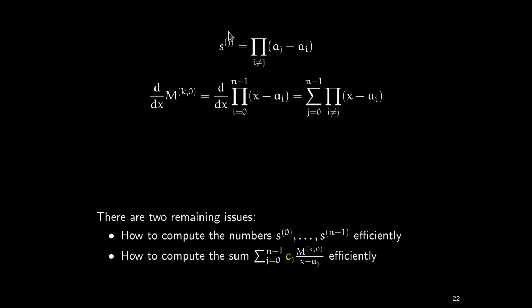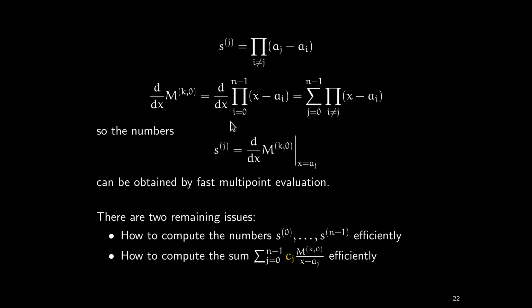So in order to get all the s's, all I have to do is apply the fast evaluation algorithm to this polynomial. And then I got all the s's. Okay? So the jth s is the evaluation of the derivative at aj, and using fast multiple evaluation, I can get all of them at a very low cost. Cool.